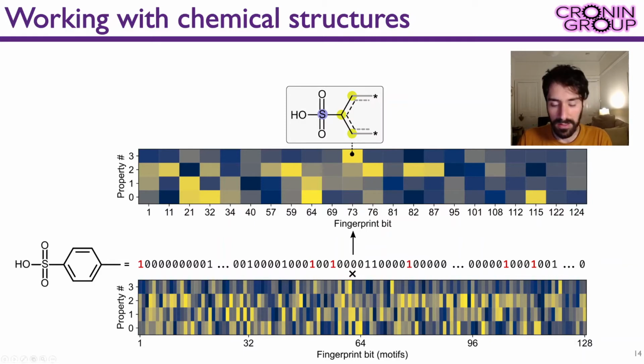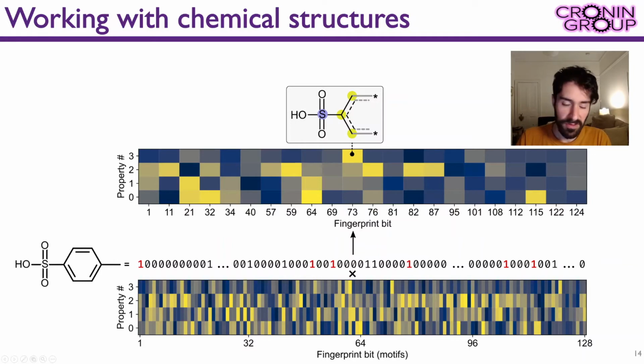Now, if we then, instead of saying compounds have properties, say fingerprints or those motifs have properties, then for each compound, we can find out which of the bits are turned on. So in this case, for this particular compound, toluene sulfonic acid, you see that we have a number of turned on bits. And for each of those, you have the properties.